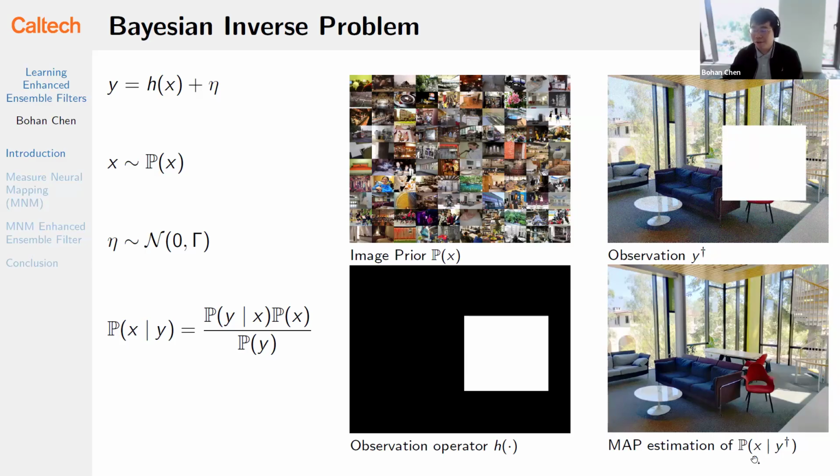So here, the posterior distribution is the prior conditioned on this observation. And if we do a MAP estimation, that is maximum a posteriori estimation, of this observation, then we can recover the true image with very high accuracy. This is a typical example of the Bayesian inverse problem.